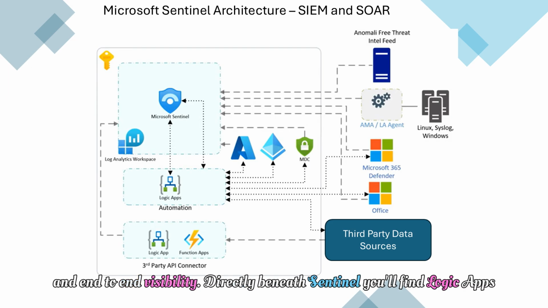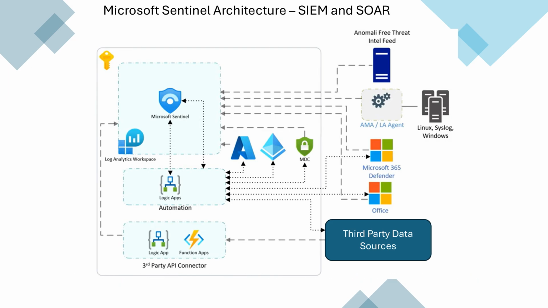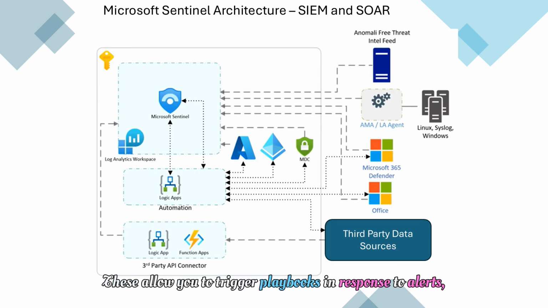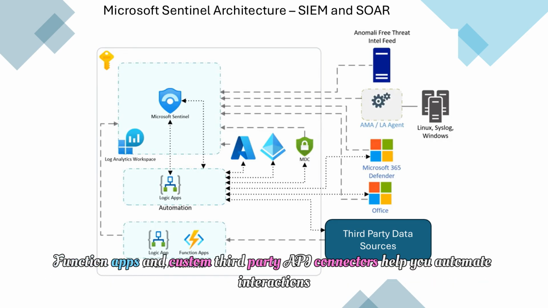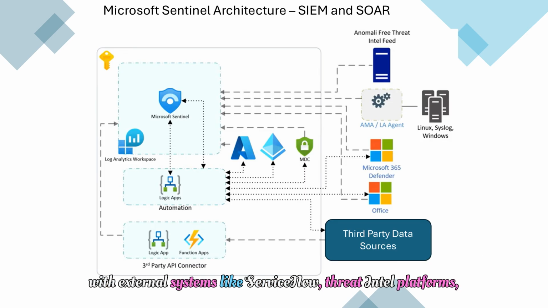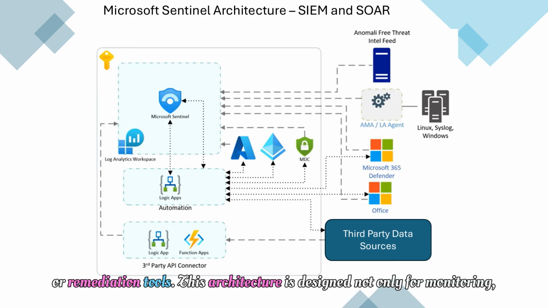Directly beneath Sentinel, you'll find logic apps, which form the automation layer. These allow you to trigger playbooks in response to alerts, whether that's sending notifications, creating tickets, isolating endpoints, or launching investigations. For advanced response scenarios, function apps and custom third-party API connectors help you automate interactions with external systems like ServiceNow, threat intel platforms, or remediation tools.